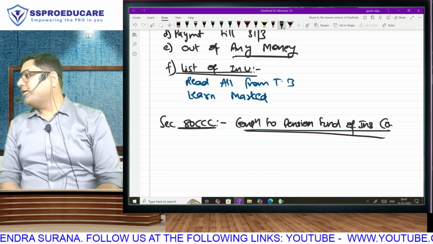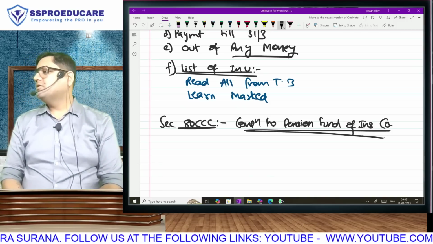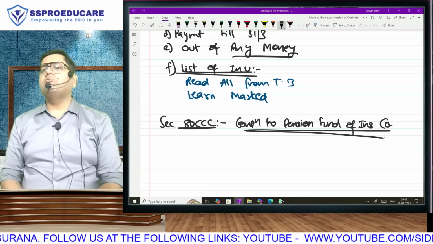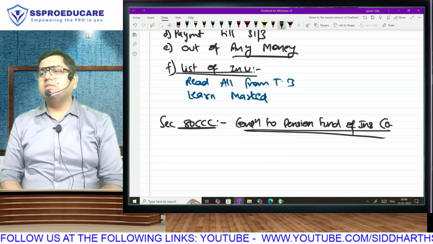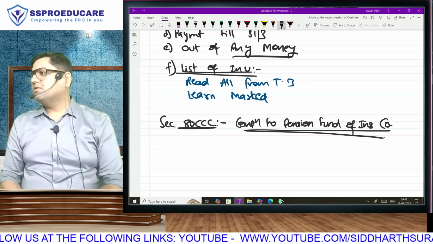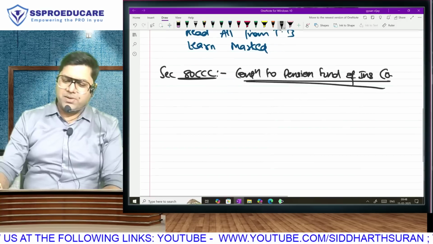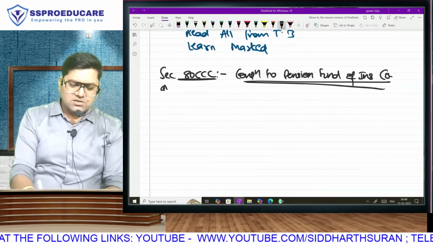So if you contribute to pension fund of mutual fund company, it is 80C, and if you contribute to insurance company, it is 80CCC. They could have written it in one place, but people try to find out reasons.